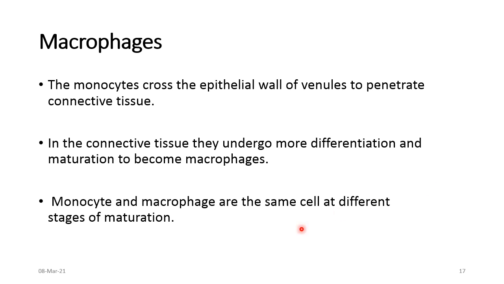Monocyte and macrophage are the same cell at different stages of maturation. The monocytes are found in the blood, and the macrophage is found in the connective tissue with more maturation and differentiation, more matured and highly specialized than monocytes.